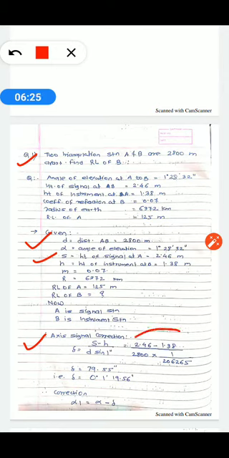After putting all the values and solving this equation, we get the value of delta in terms of seconds, that is 79.55 second. Now just convert that value of delta into degree, minute and second format, that is 0 degree 1 minute 19.56 second.